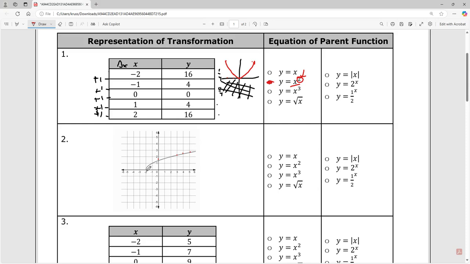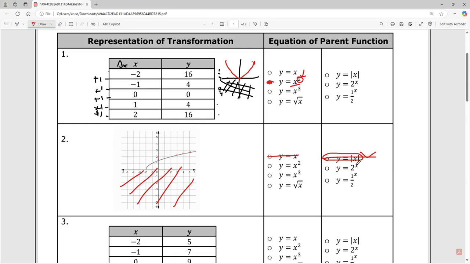But what happens? There's nothing under y. So if I put in an x value, I will never get a negative. This could also be a linear one, but those result in straight lines. So it's not that.